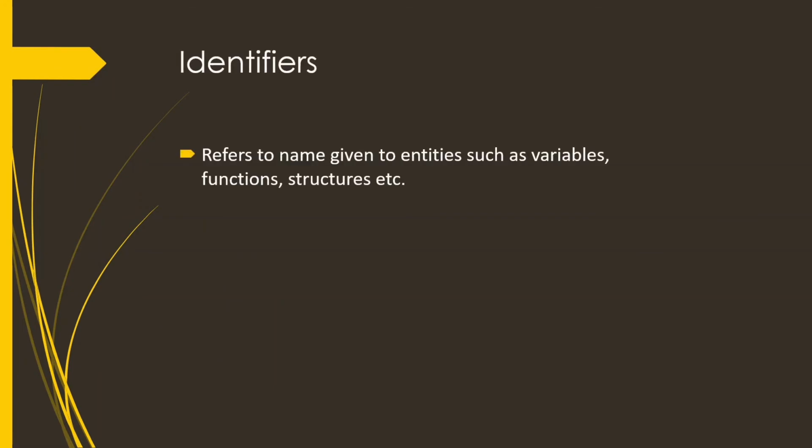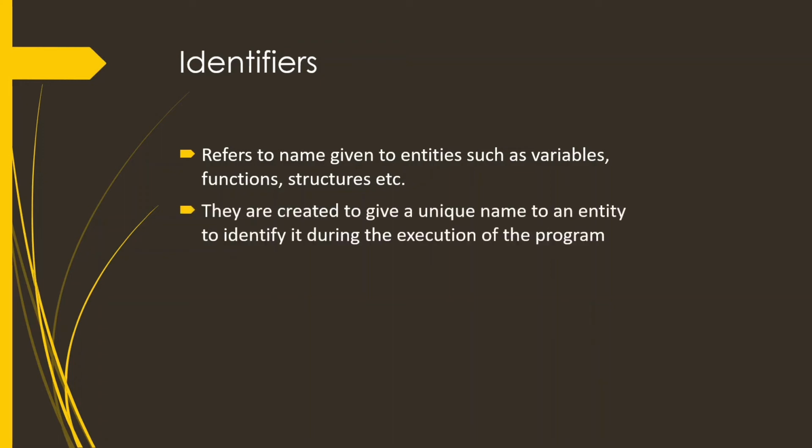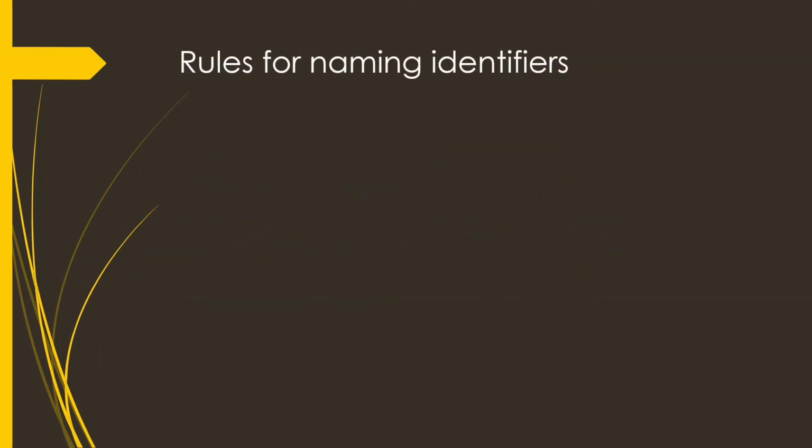Now let's discuss about identifiers. Identifiers refers to name given to entities such as variables, functions or structures, etc. They are created to give a unique name to an entity to identify it during the execution of the program. Now there are certain rules for naming identifiers.